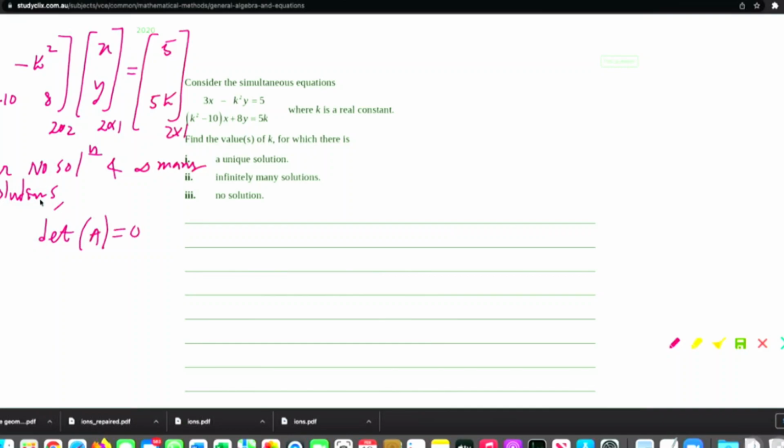So you have to say this is A. You have to write all those things. Then you can say the math part. So it's 8, so 24 minus k squared minus 10 is equal to 0.